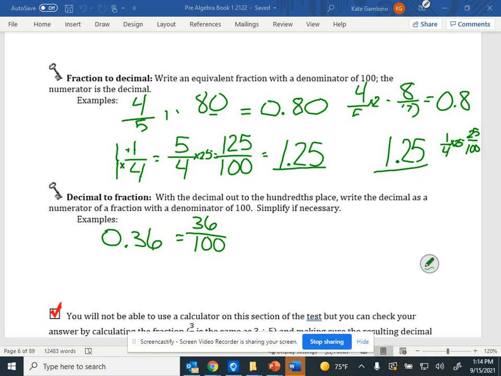That can be simplified. Just looking at that ones place, I see 2 even numbers. I know I can divide a 2 out. I might be able to find a greater common factor that I could divide out. I can actually divide a 4 out of both 36 and 100. 36 divided by 4 is 9. 100 divided by 4 is 25.